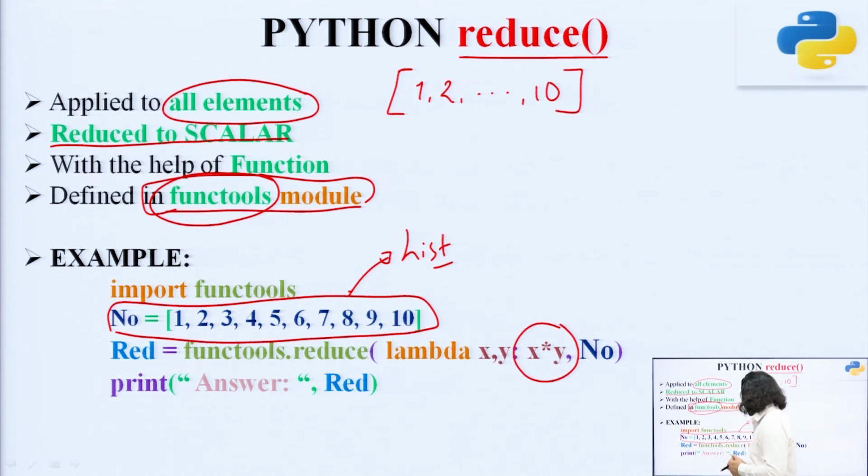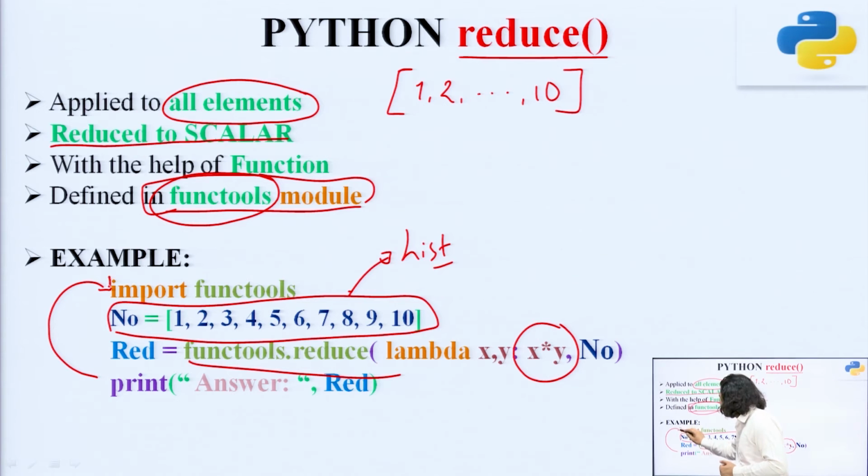The definition of this reduce is coming from functools. The functools is a module. Modules means different sets of functions which hold the definitions. You do not need to put the definition of a function, it is just directly imported from the module.